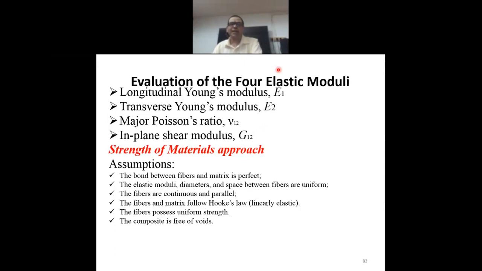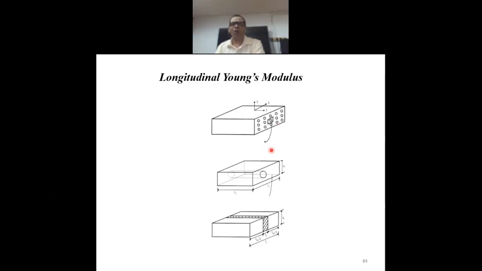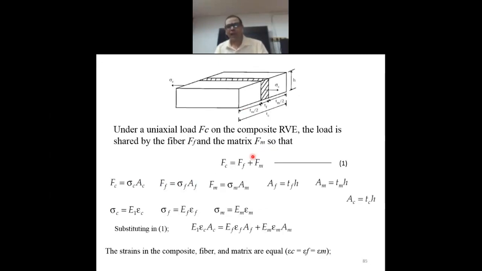So in this case, of course, we can make samples, we can do testing, we can find it, but that is a costly affair, right? So theoretically, how best can we predict it? For finding the Young's modulus in direction 1, the simple concept is that the applied force is shared by the fiber and matrix.